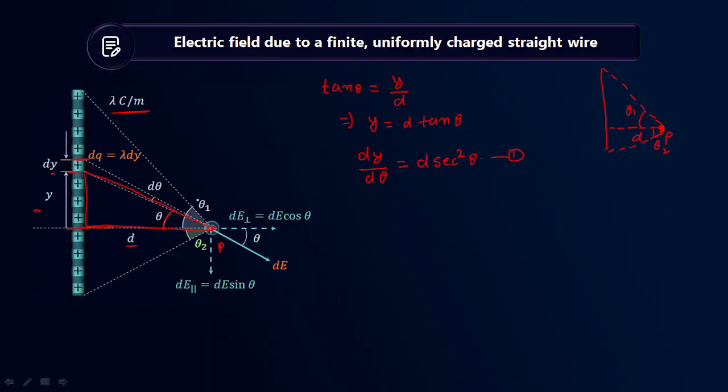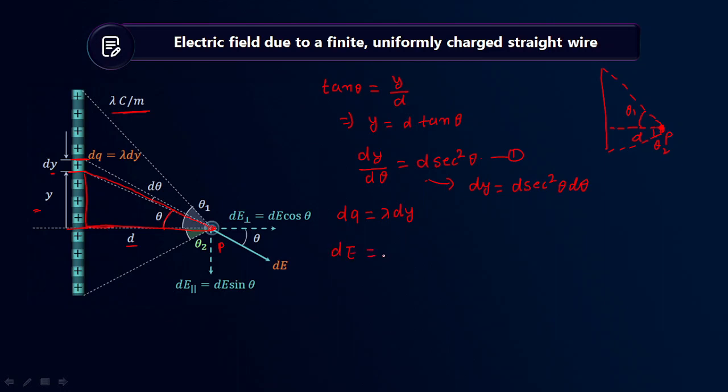Now due to this element we want to find the electric field. First of all, dq will be equal to lambda times dy, and from here we got dy, which is d sec square theta d theta, right? Now we want to find the electric field due to this element.